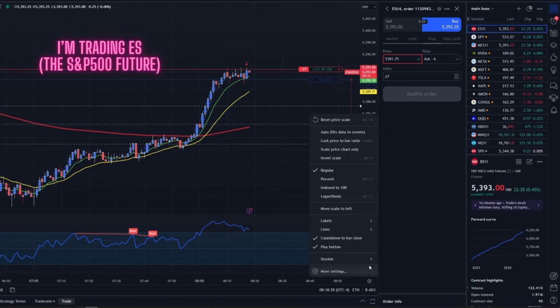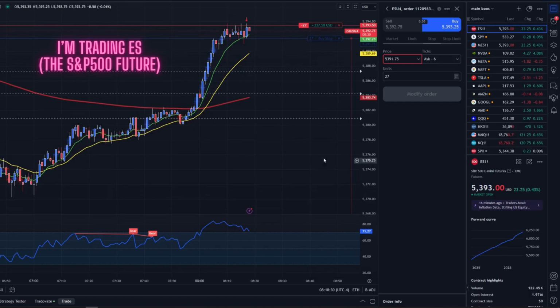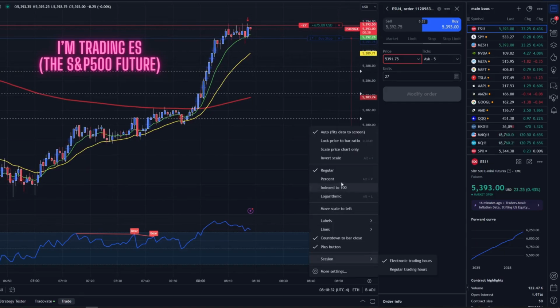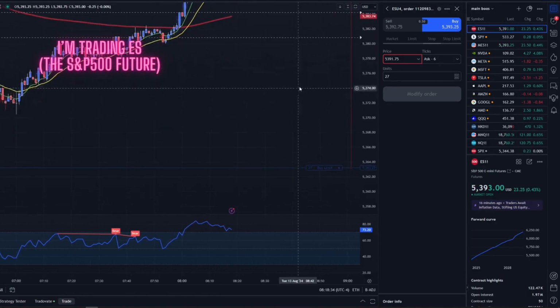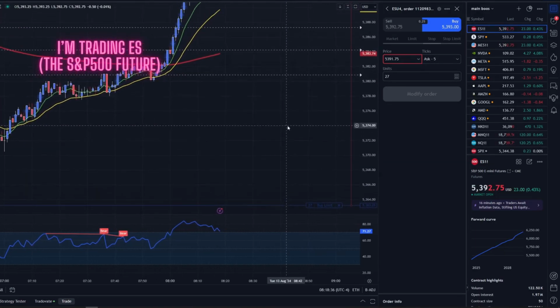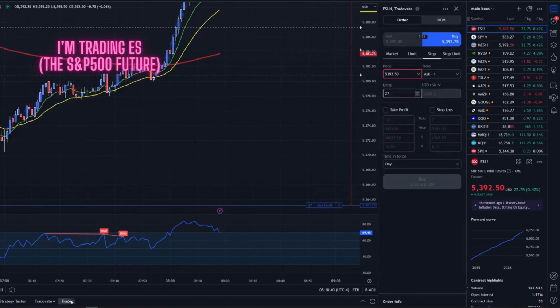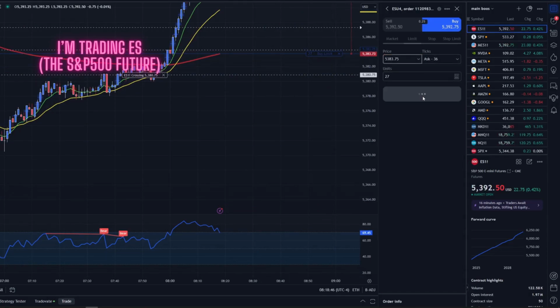Let me shrink this down just a bit. I don't know why my take profit is way down there. Take profit's 40 grand. Let's bring that to the 200 EMA.